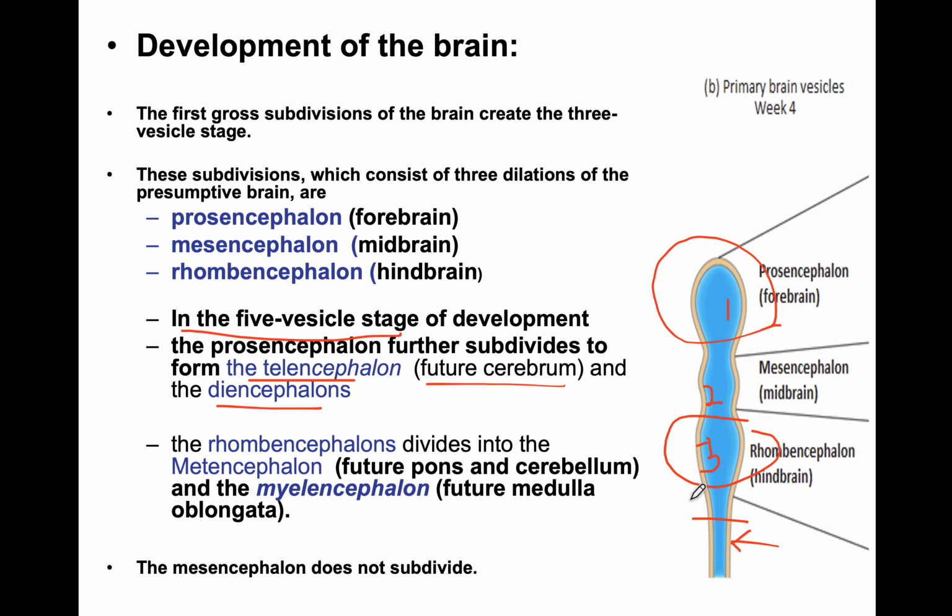And the rhomboencephalon is going to be divided into metencephalon and myelencephalon. The metencephalon will result in the formation of the pons and cerebellum, whereas the myelencephalon will result in the formation of the future medulla oblongata. And you can see here that the mesencephalon will not divide, it will be kept as one, the mesencephalon, and this one will give us the future midbrain.